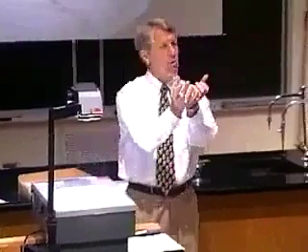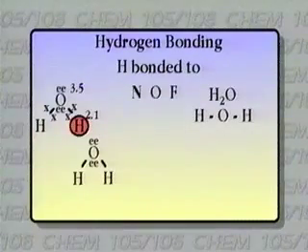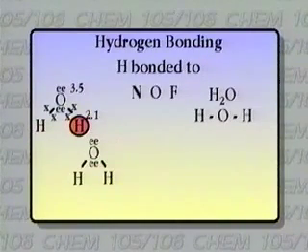So this hydrogen is almost electron empty. In other words, that s orbital that's sitting there, its valence orbital on the hydrogen, has almost no electrons in it at all. Well, if we had another water molecule now that happened to be located right here, like such, and this pair of electrons here.